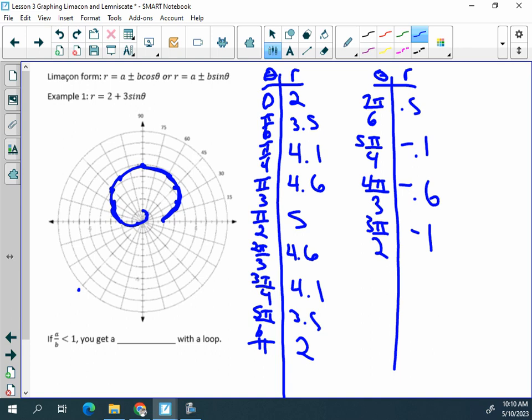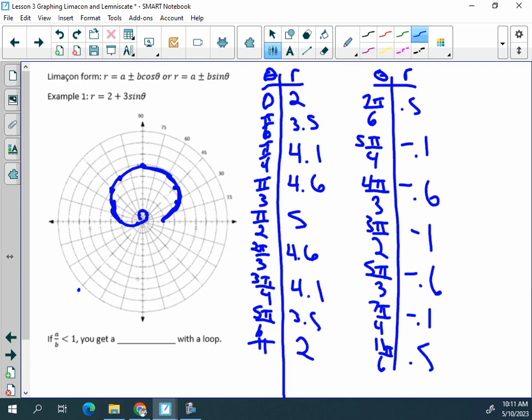Okay, and then we're going to see some symmetry again. So at 5 pi over 3, sine of that is negative square root of 3 over 2 times 3 plus 2. It's going to give us negative 0.6. So somewhere around there. Then 7 pi over 4, when we plug that in, we'll get out negative 0.1. And then 11 pi over 6 is going to get us 0.5.